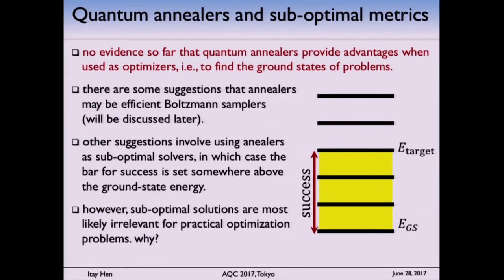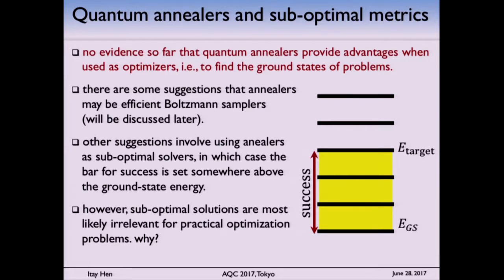So what is the motivation? The motivation is that, again, there's no real evidence that quantum annealers provide advantages, at least if we look at them as quantum annealing optimizers. And recently there's been a lot of work, a shift towards studying these things as Boltzmann samplers, which of course I will maybe talk about a little bit later, but of course this is still a viable approach.